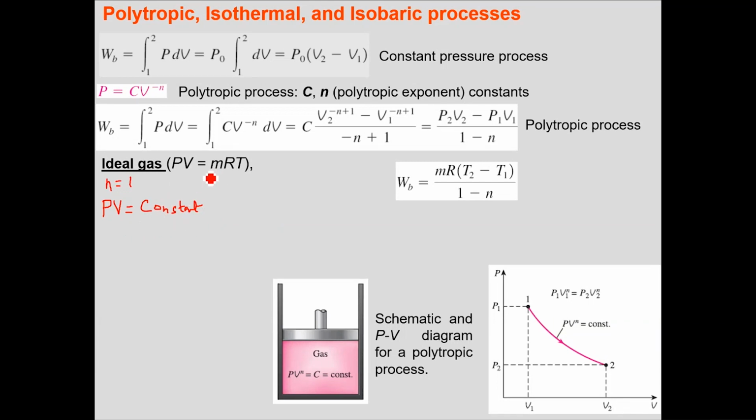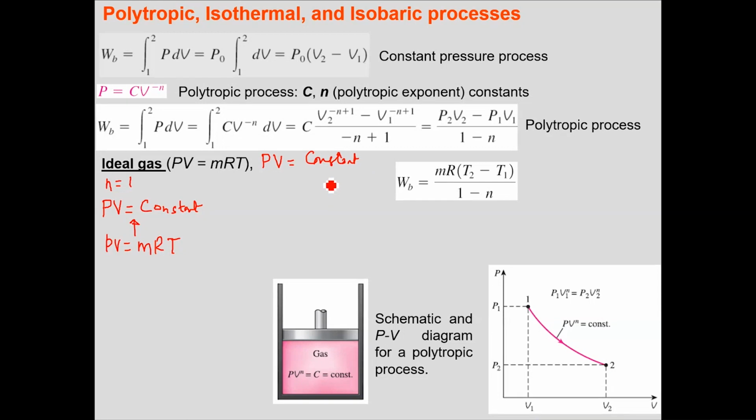And if I compare this expression with the ideal gas, when would PV equals mRT be equivalent to this? When will PV equal constant for an ideal gas? For an ideal gas, when can I say that PV is equal to constant?